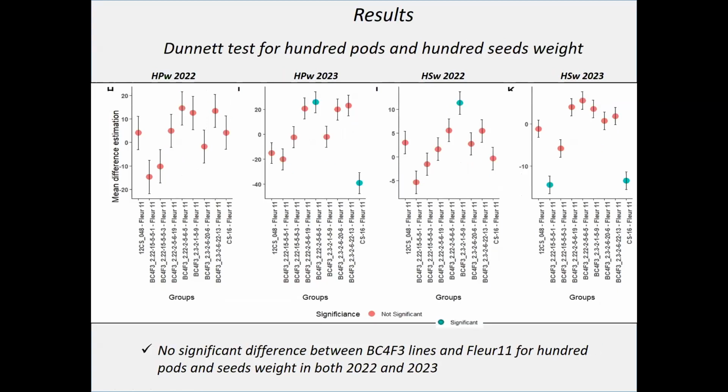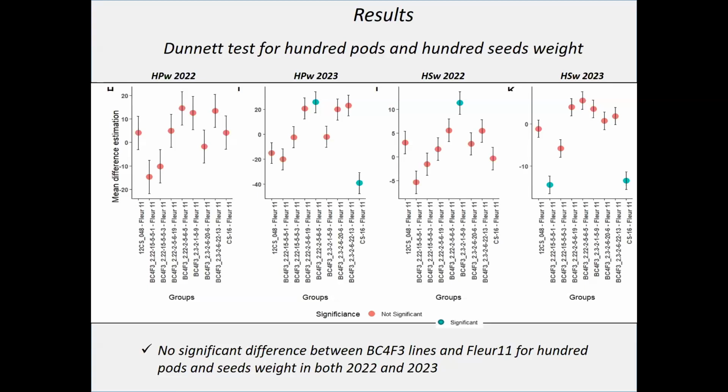The same was observed for 100 pod weight and 100 seed weight in both 2022 and 2023. And here also, in general, the lines were similar in 100 pod weight and 100 seed weight to flower 11, meaning that the lines that we have developed are more resistant than flower 11 for early leaf spot resistance.